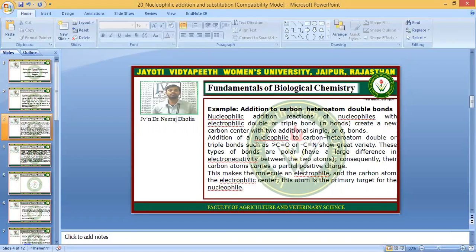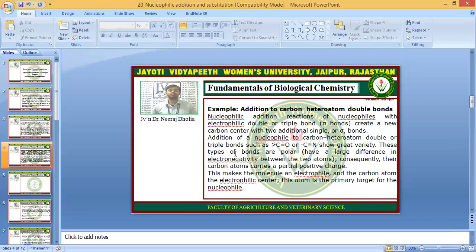So the example of nucleophilic addition is addition to carbon heteroatom double bonds. Nucleophilic addition reactions of nucleophiles with an electrophilic double bond or triple bond, that is pi bonds, create a new carbon center with two additional single bonds.